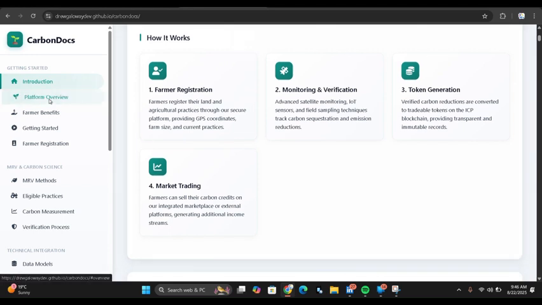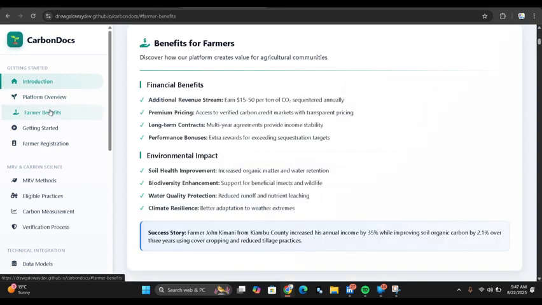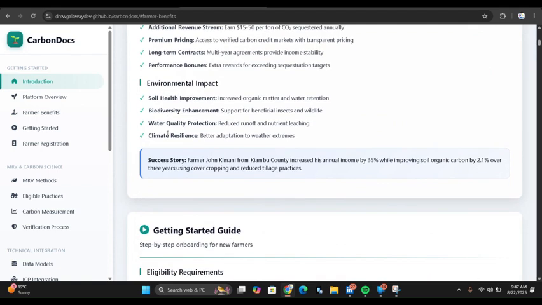So the farmer benefits of this project is earning 15 to 50 tons of CO2 sequestrated annually per farmer. That is also bringing a higher environmental impact, social health improvement, and biodiversity. Also, the climate resilience factors are considerable.